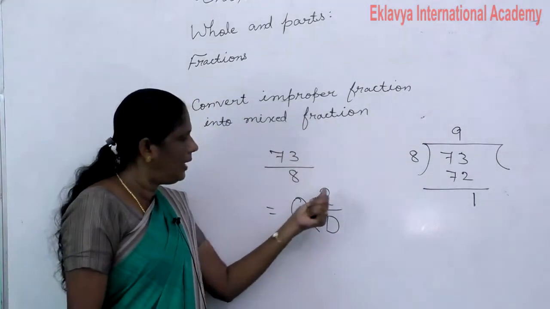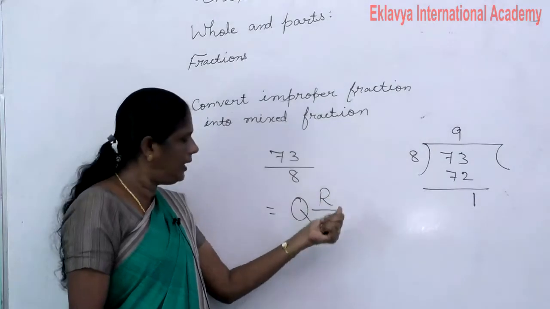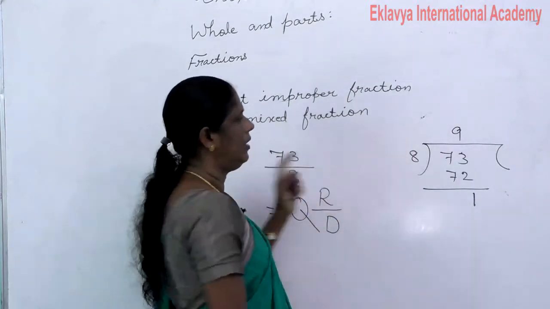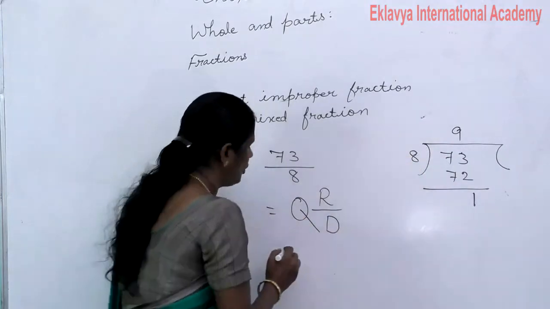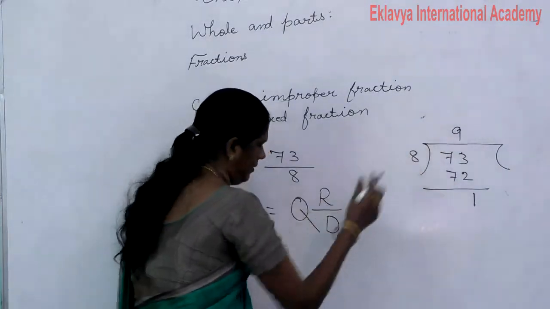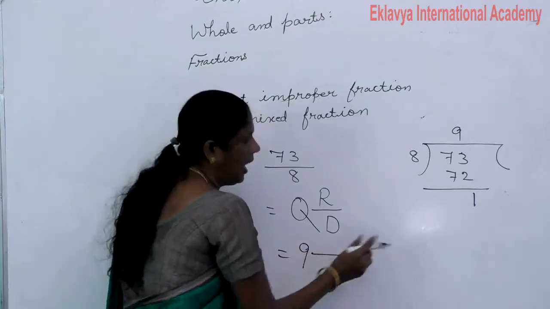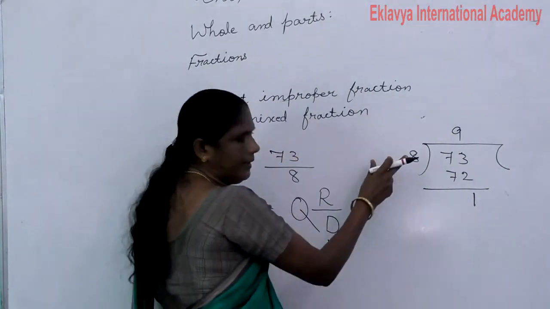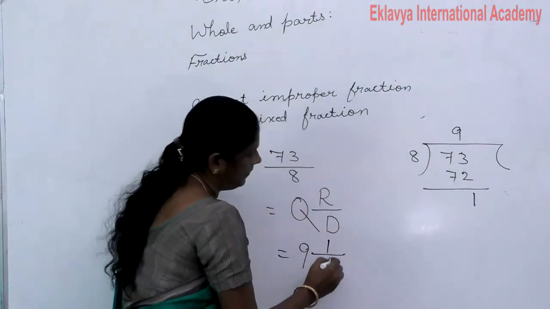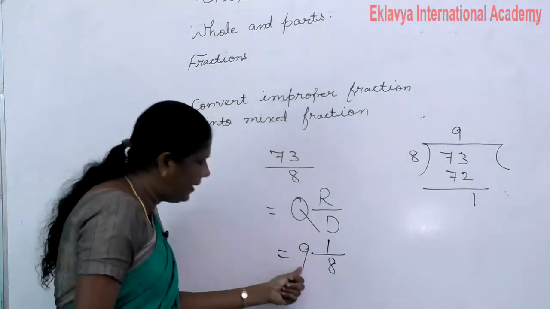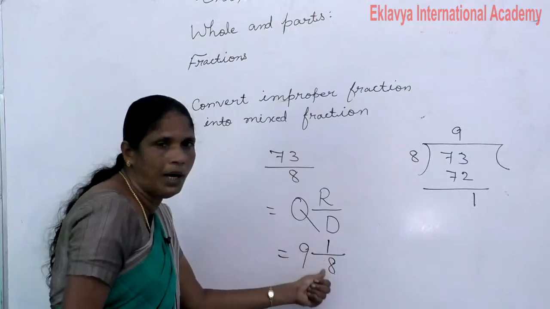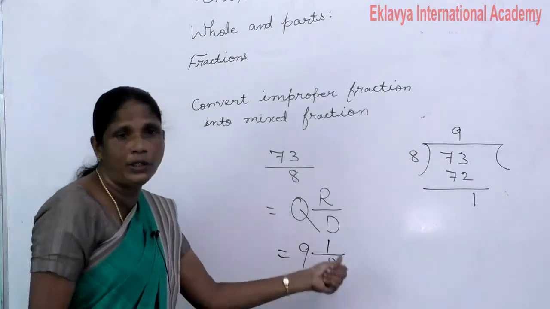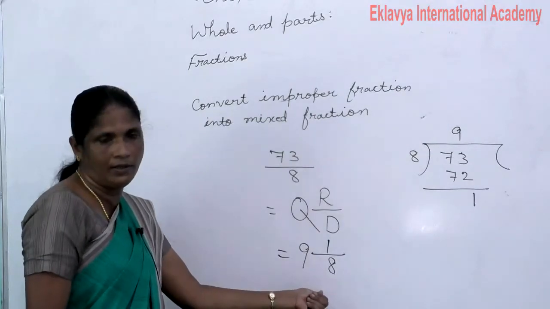Our quotient is 9, our remainder is 1, our divisor is 8. So our answer is 9 1 upon 8. Understand?